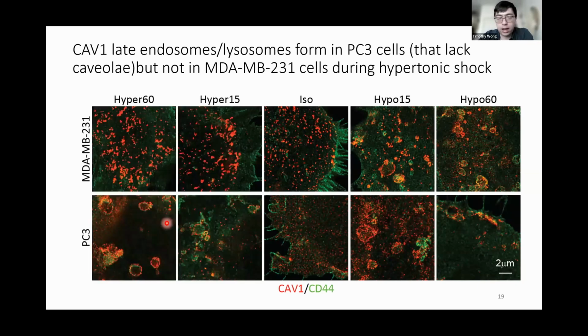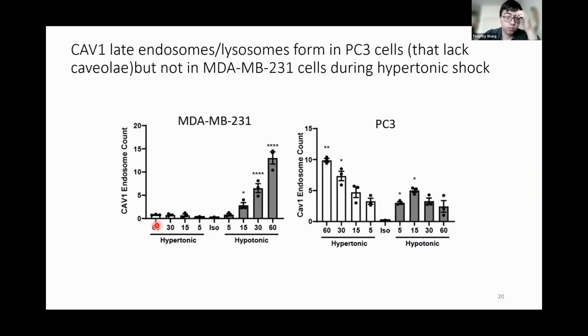Really interestingly, upon hypertonic shock, we saw the formation of these spherical lysosomes in the PC3 cells, but in the MDA231 cells, which have CAVIN1 and have caveolae, we didn't see any formation of these spherical lysosomes.